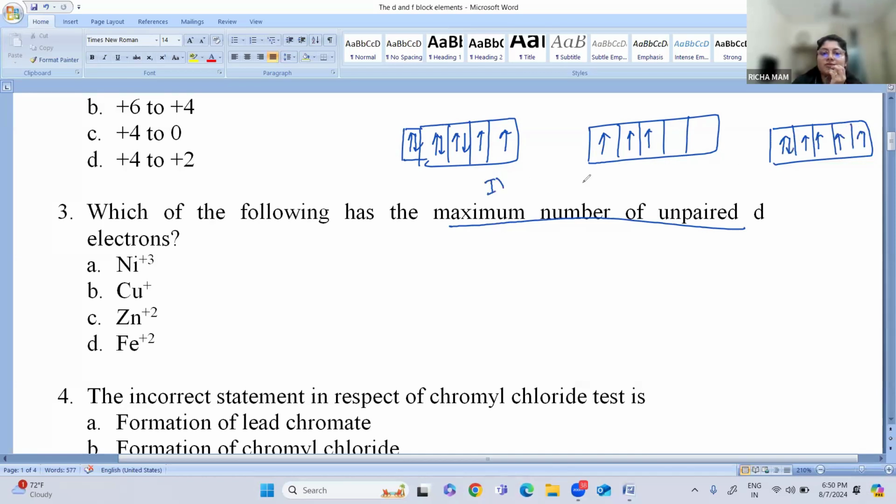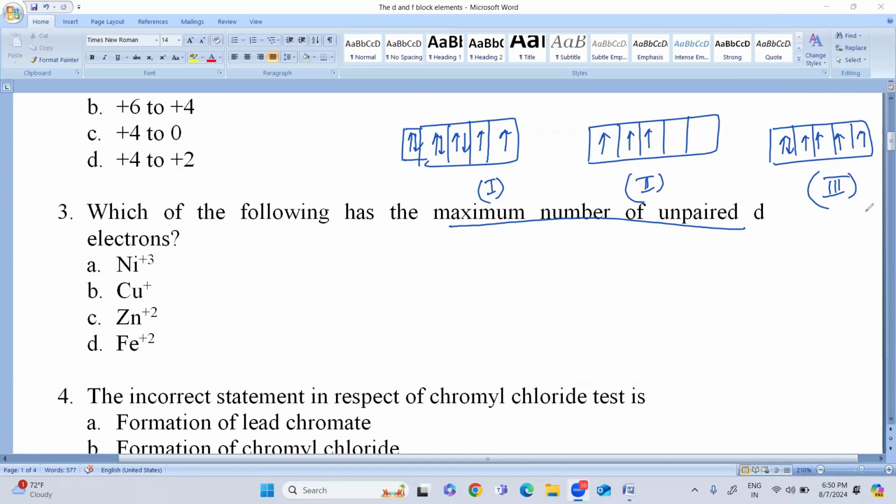First one, second one, and third one. Can you tell me in which case the number of unpaired electrons is more? First, we will see this and then go for the question. I should understand that you know what unpaired electrons are.